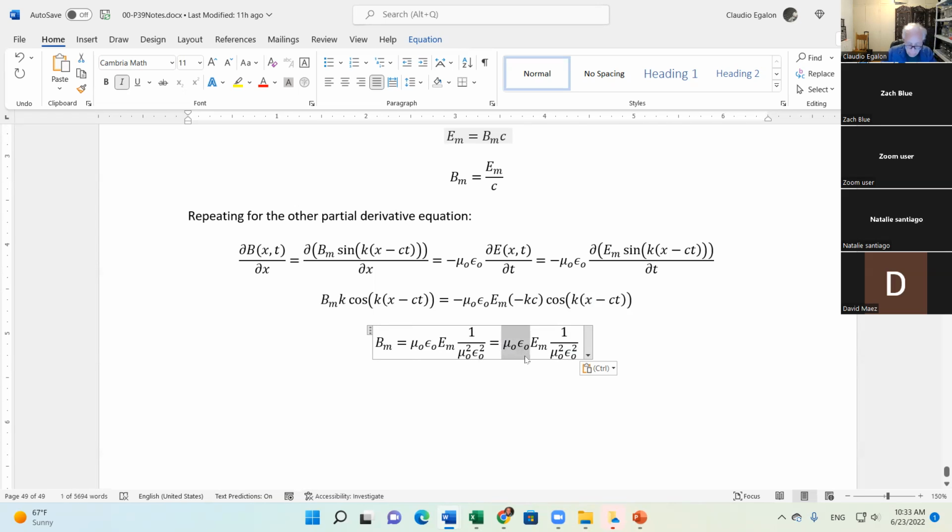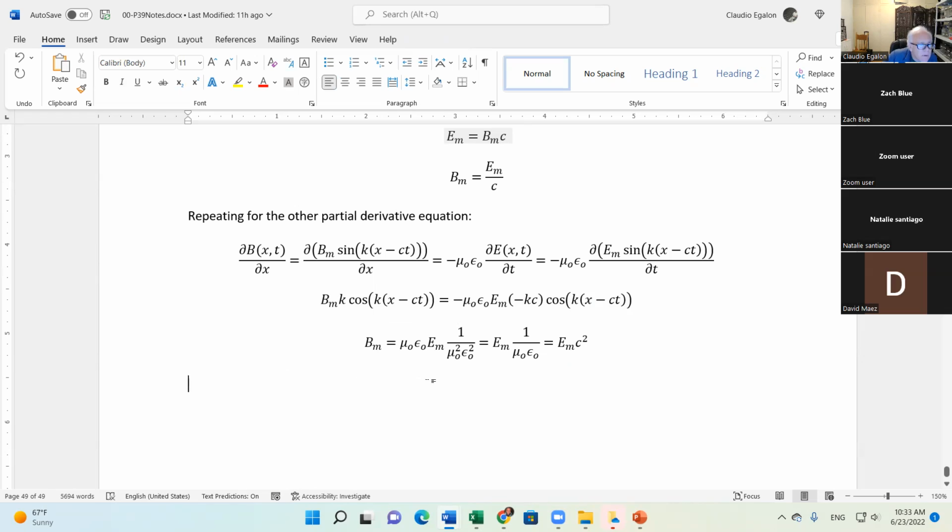And this one cancels, becomes, okay. Remember that what you have here is c squared, right? Do you still get the same result? Is that c squared? Let me see.